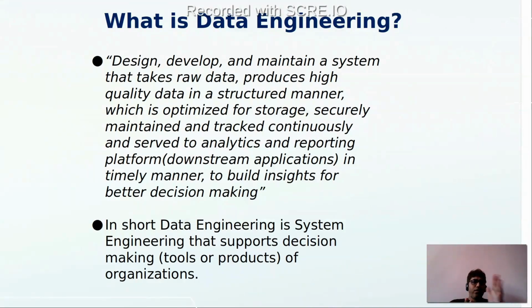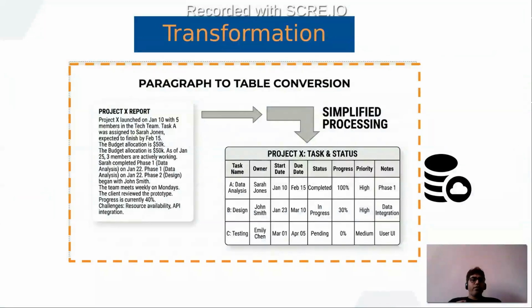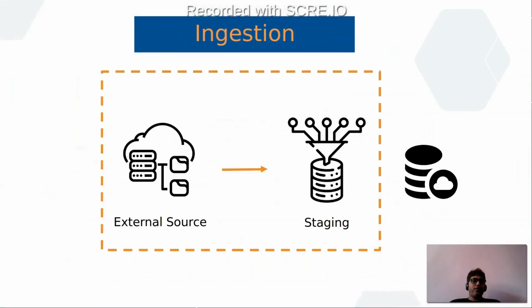And then you need a storage. Of course, when data is generated, there has to be some kind of storage to store that data, maybe an externally located storage or maybe within your project. So this is the raw data that is generated. Then we have to ingest that data from the external source to our system.